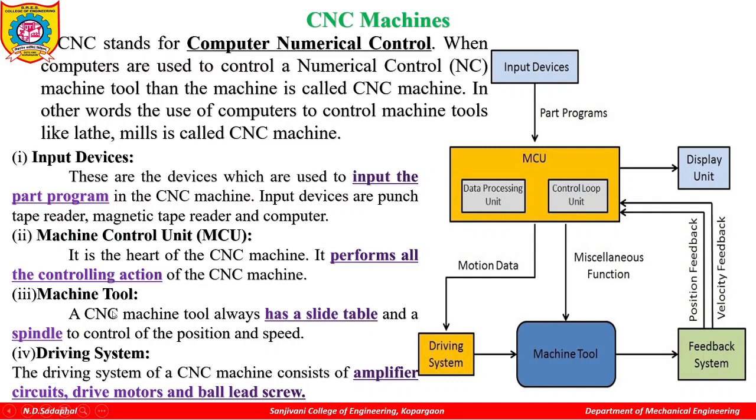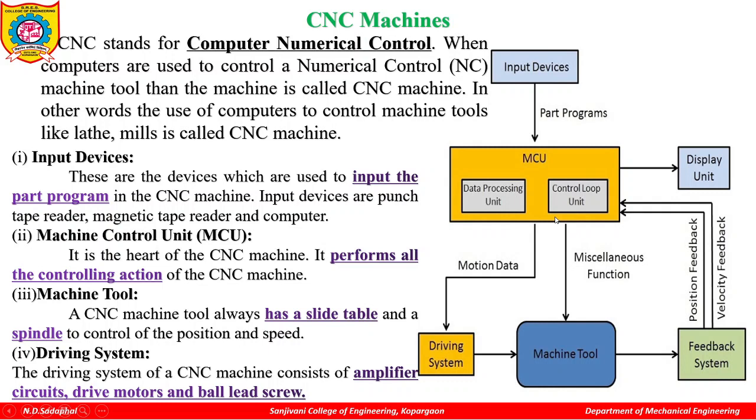Then third is the machine tool. So what is the machine tool? Whatever part program is sent to the MCU, the MCU will read that part program. It will understand how to give different motion to the cutting tool, and it will send it to the machine tool. So if you want to move the cutting tool in the X direction, Y direction, Z direction, how much to move, how many centimeters, or how much movement of the cutting tool and work table, it can be understood by the MCU with the help of the part program and the data processing unit.